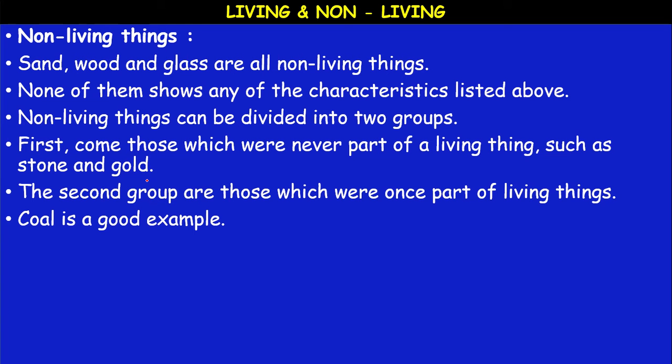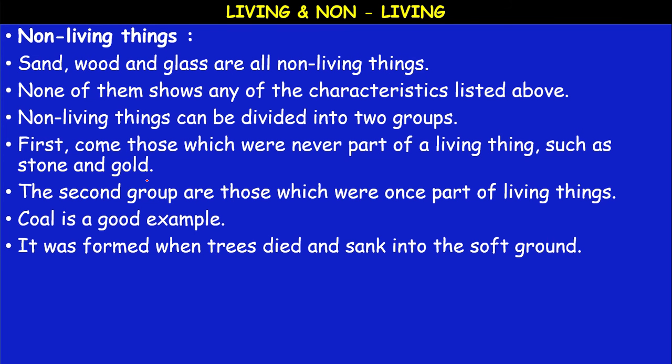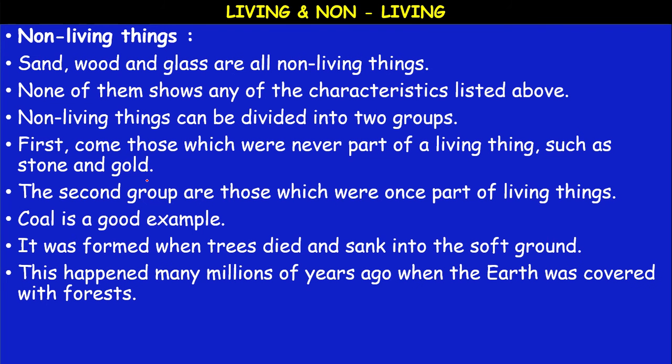So that's why it is a non-living thing that comes under the second group. This coal is formed when the trees died and sank into the soft ground. This happened many millions of years ago when the earth was covered with thick forests.